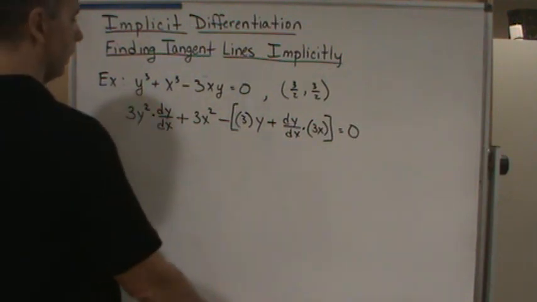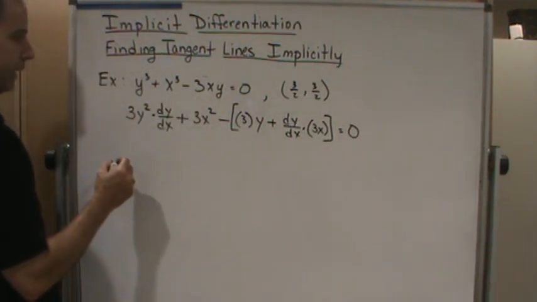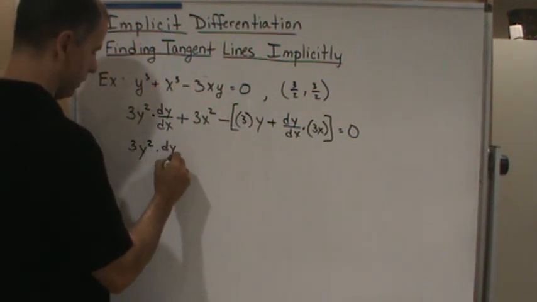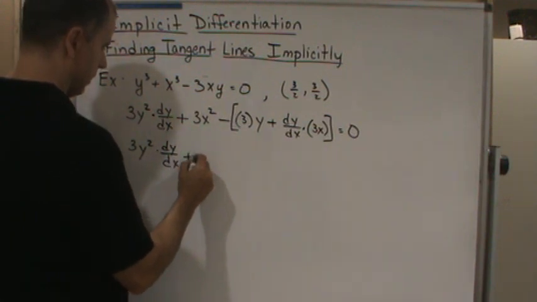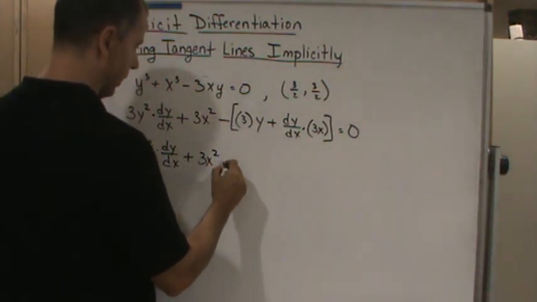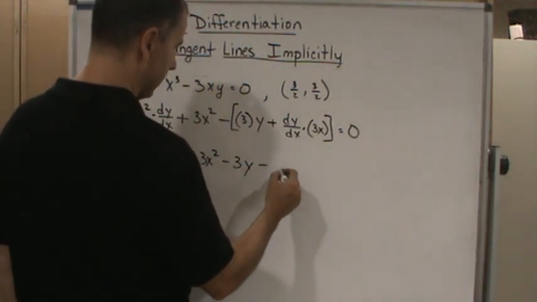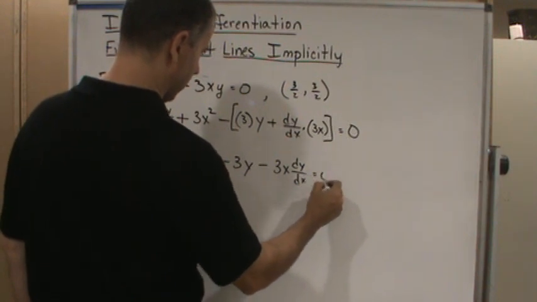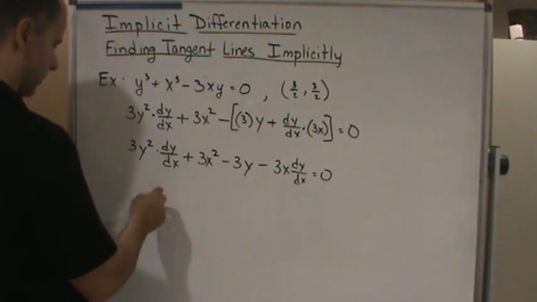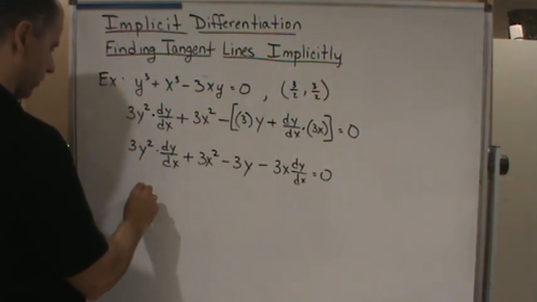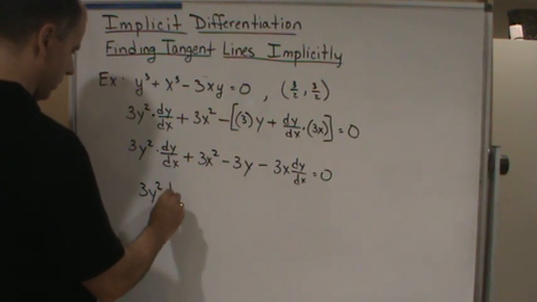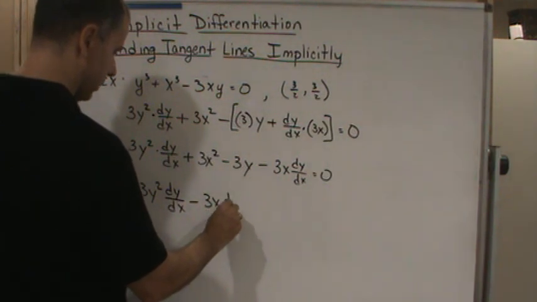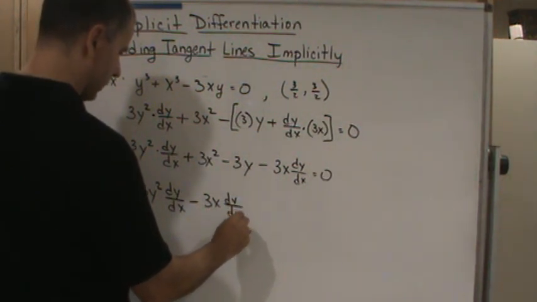Okay, now let's simplify this and collect all the dy dx terms. So this is going to be 3y squared dy dx plus 3x squared minus 3y minus 3x dy dx equals 0. And so now I'm going to collect the terms with dy dx in it. So it's going to be 3y squared dy dx minus 3x dy dx.